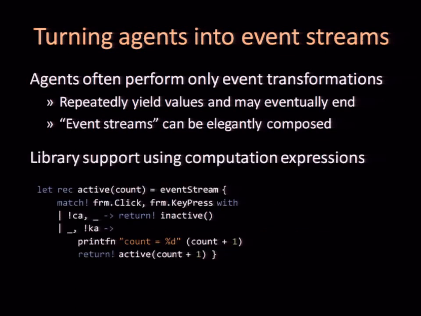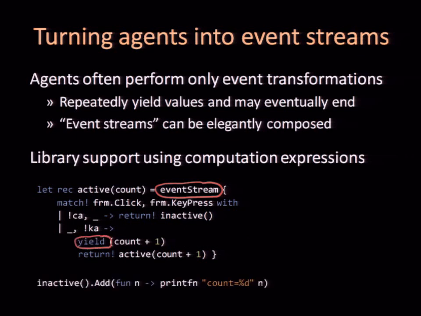So we can do this because we can define our own computation expressions. So I'm going to use my implementation of async that's slightly different. And we can have this yield primitive here, which means the returned thing now isn't async of unit, but it's event stream of some values.